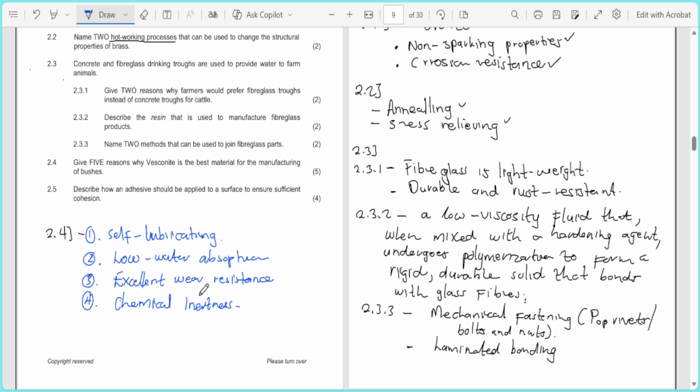It resists degradation from fertilizers, fuels and animal waste, which contain chemicals that can corrode metal or degrade other polymers involved. So it is not a material that reacts with other chemicals that easily.